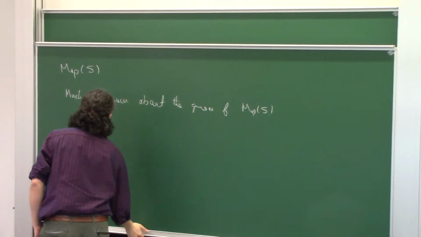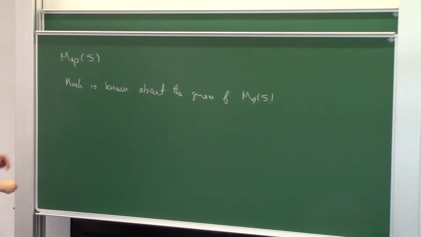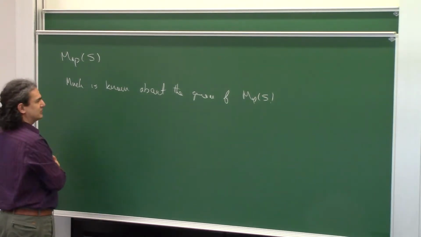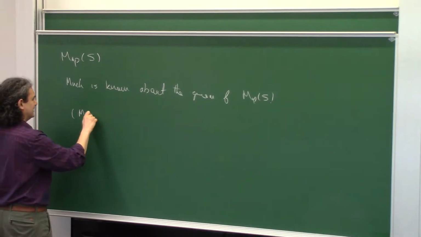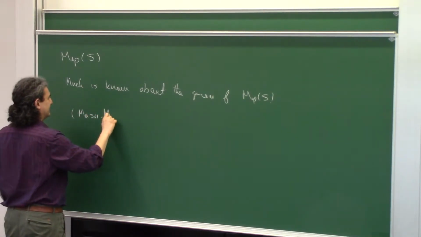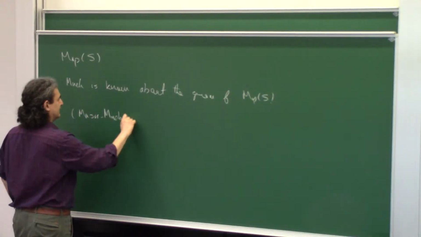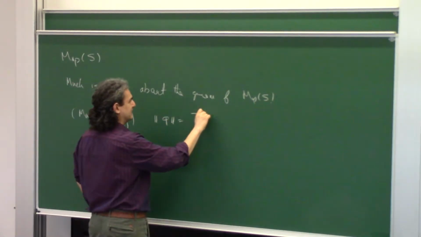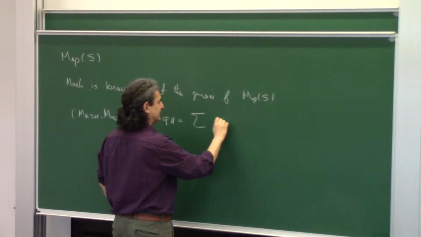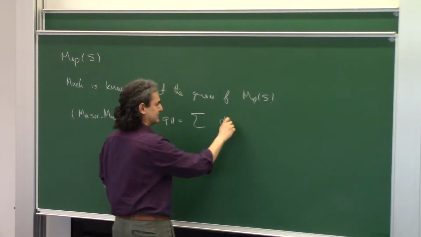Most of this can be characterized in the distance formula, right? So the main theorem, I would say, in the field is the distance formula, which says the word length of a mapping class is the sum of distances in subsurface projections.